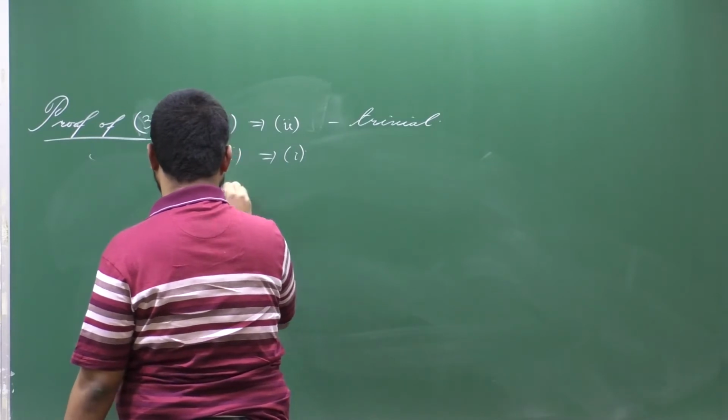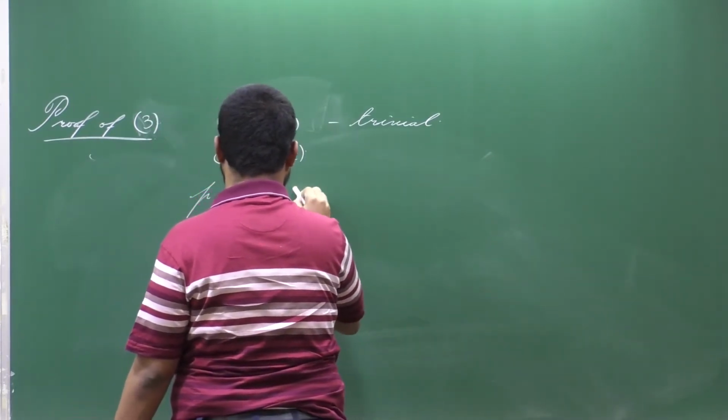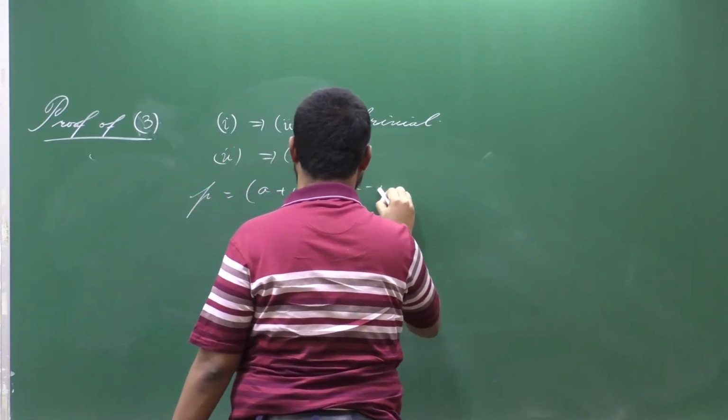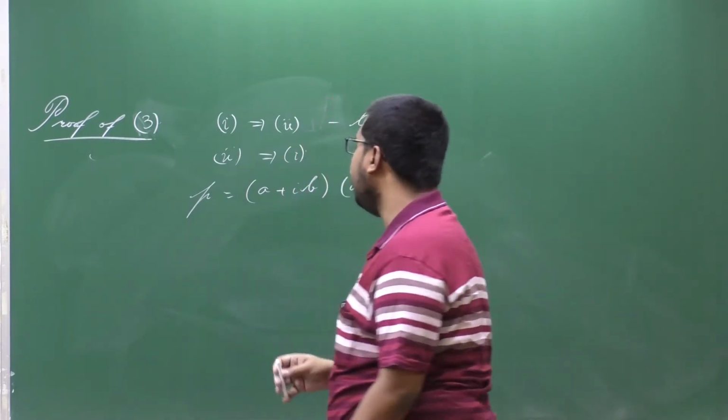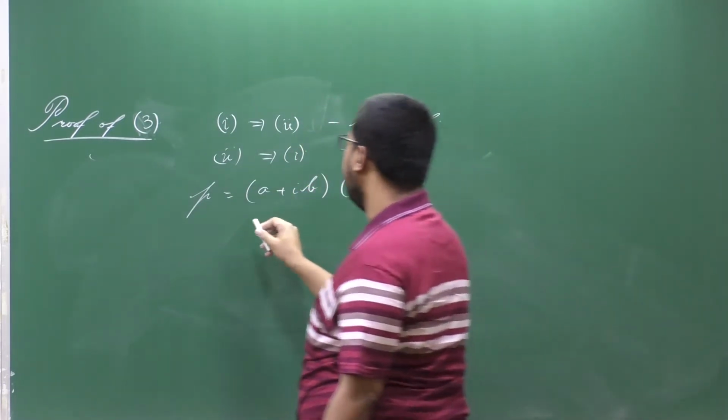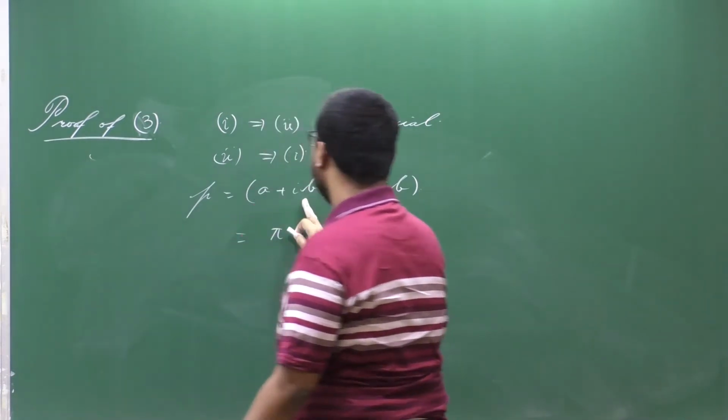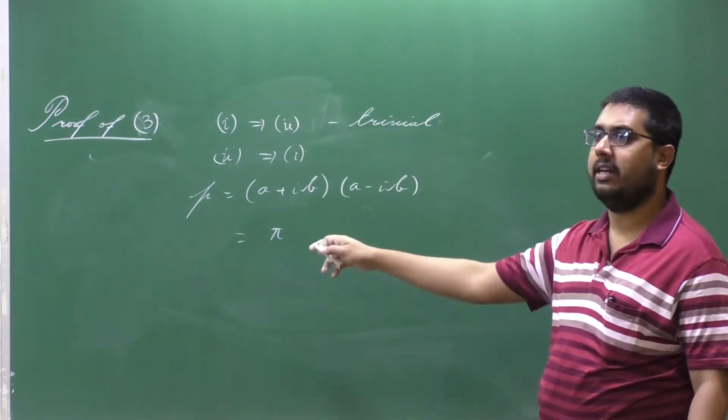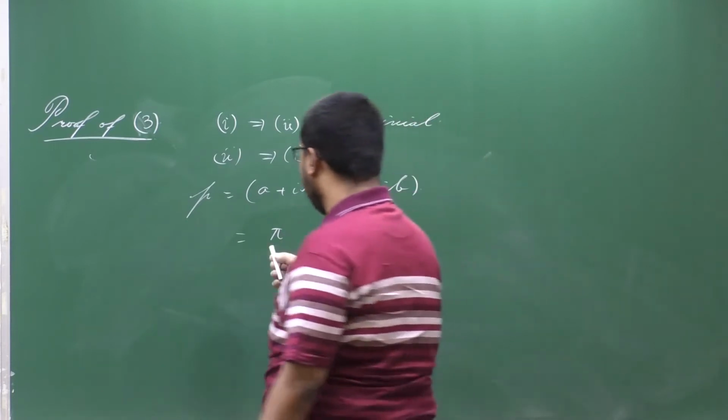Why? Because p is written as a plus ib times a minus ib. So, if this is not an irreducible, we can take an irreducible divisor of that.